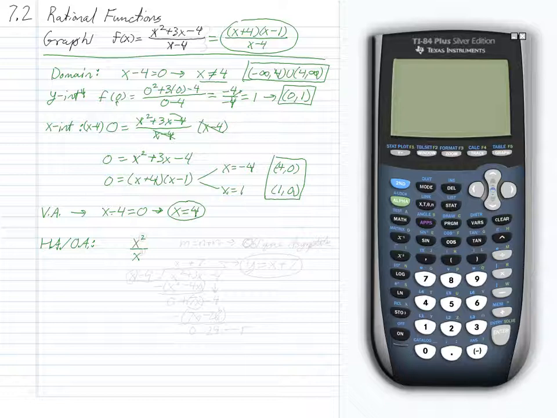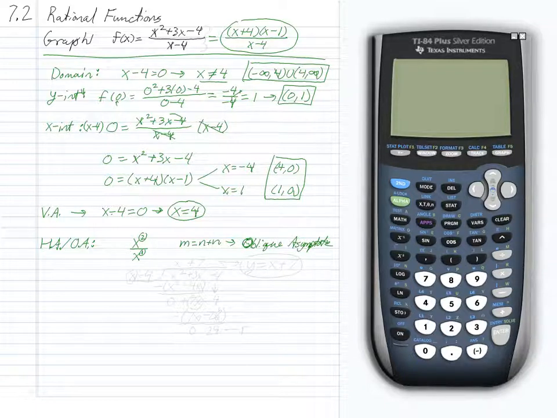I'm just looking at the leading terms, the highest powers of x, and I notice the numerator is 1 larger than the denominator. So m is 1 greater than n, and this implies that we have an oblique asymptote.